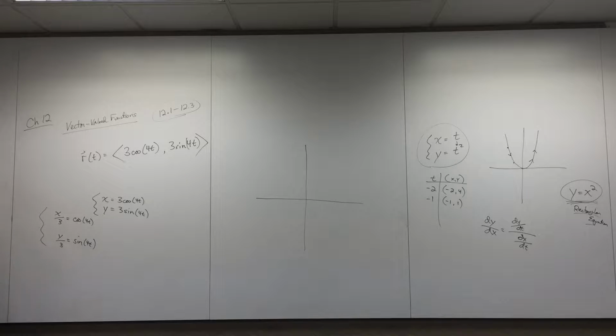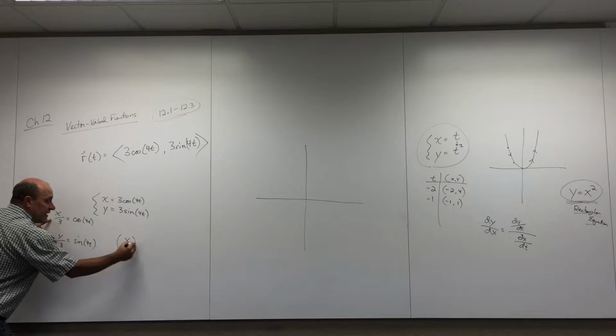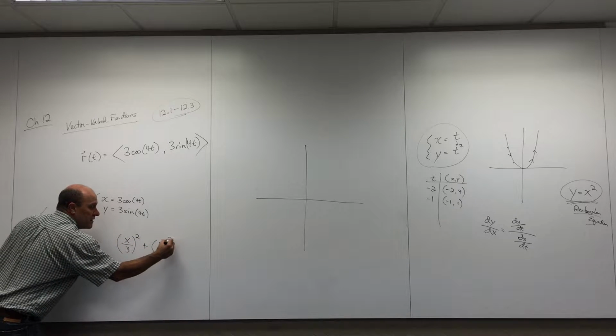Now check this out. What's the most famous identity you know? Sine squared plus cosine squared equals 1. Yes. Cosine squared plus sine squared does equal 1. So if cosine squared plus sine squared equals 1, then this thing squared plus this thing squared equals 1. So here I go. Using that identity, this squared plus this squared equals 1.